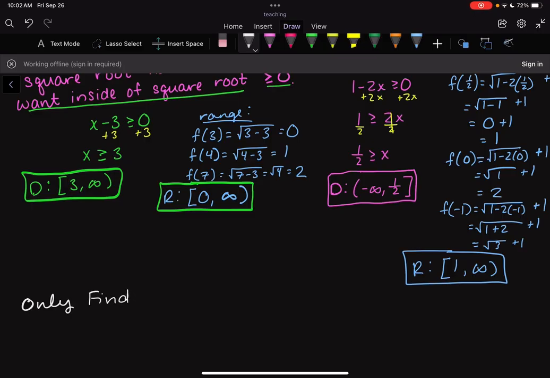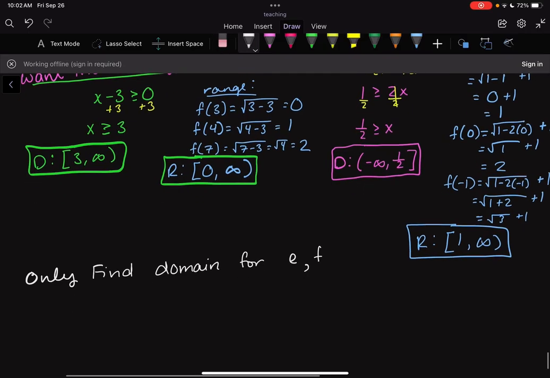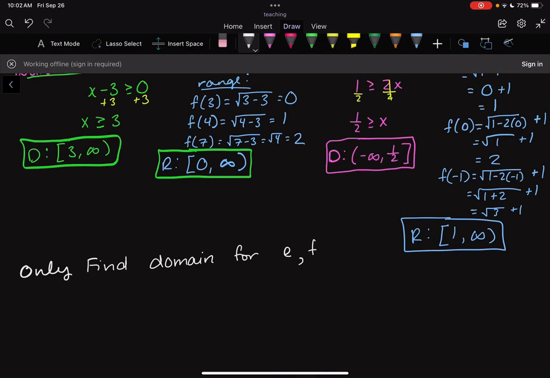Only find domain for part E and part F. The reason is the range is just a bit difficult, and we actually don't learn how to graph these in this class. If you go further, you'll learn how to graph them, but we actually won't graph these in here. But it's still good to know the domain and stuff.